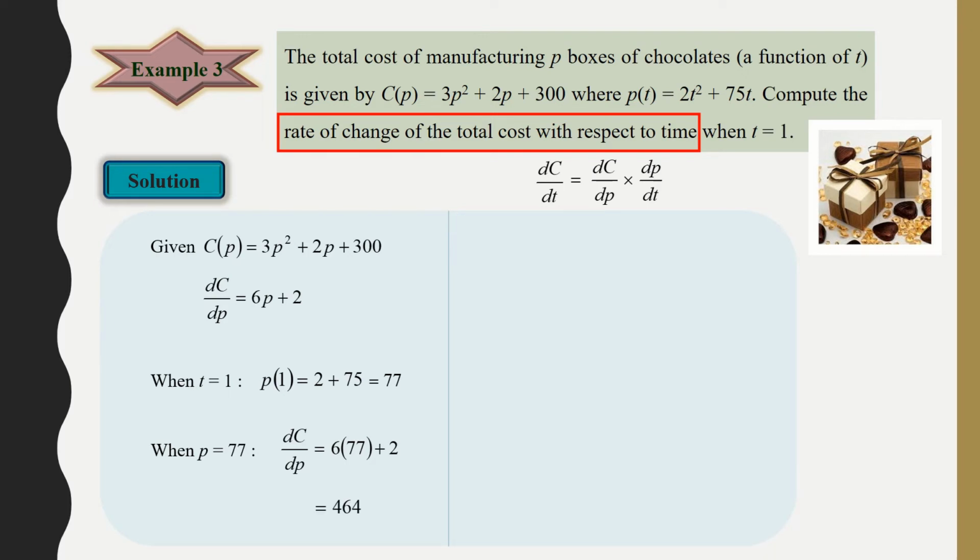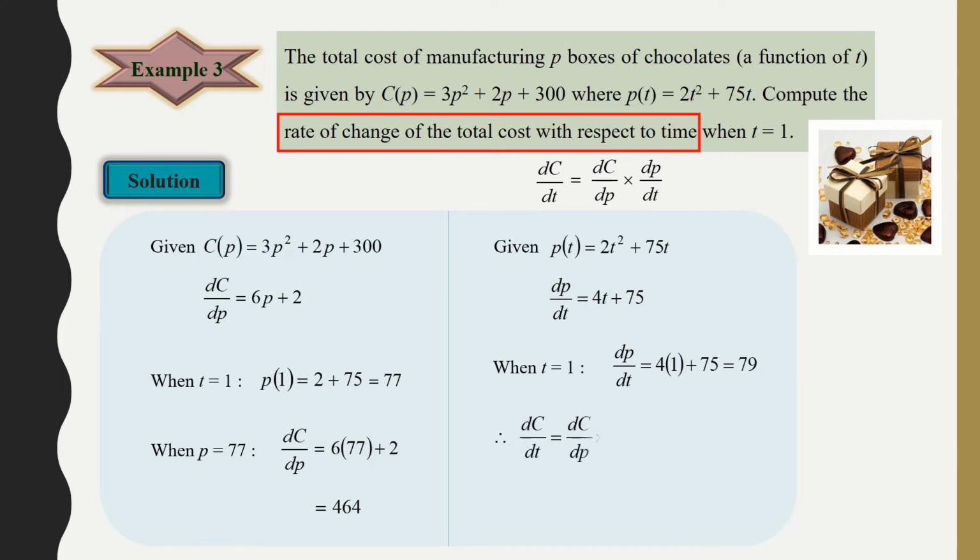464. While p in terms of t equals 2t squared plus 75t, we can differentiate p in terms of t, and we get dp over dt equals 4t plus 75. Then when t equals 1, dp over dt is equal to 4 times 1 plus 75, which is equal to 79.